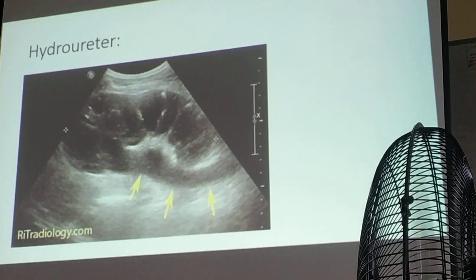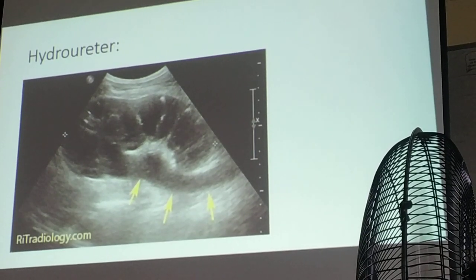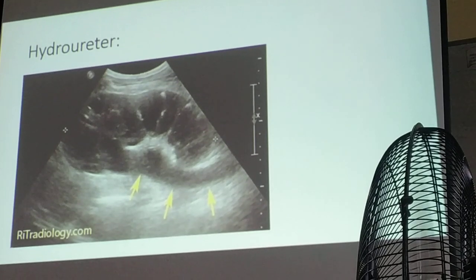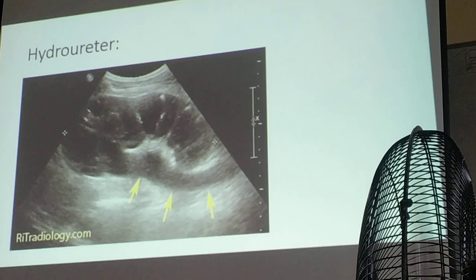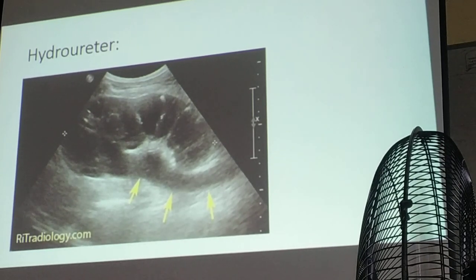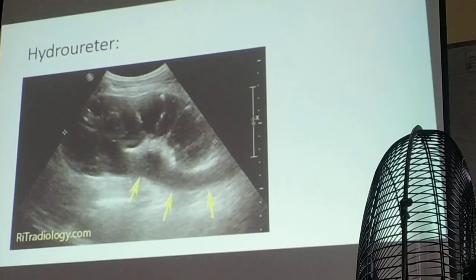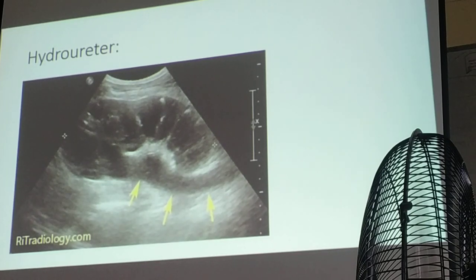Okay? Usually, the obstruction would be seen at the proximal third down to the ureterovesical junction. For the ureters to be dilated, the obstruction would appear from the proximal third of the ureter down to the UVJ junction.